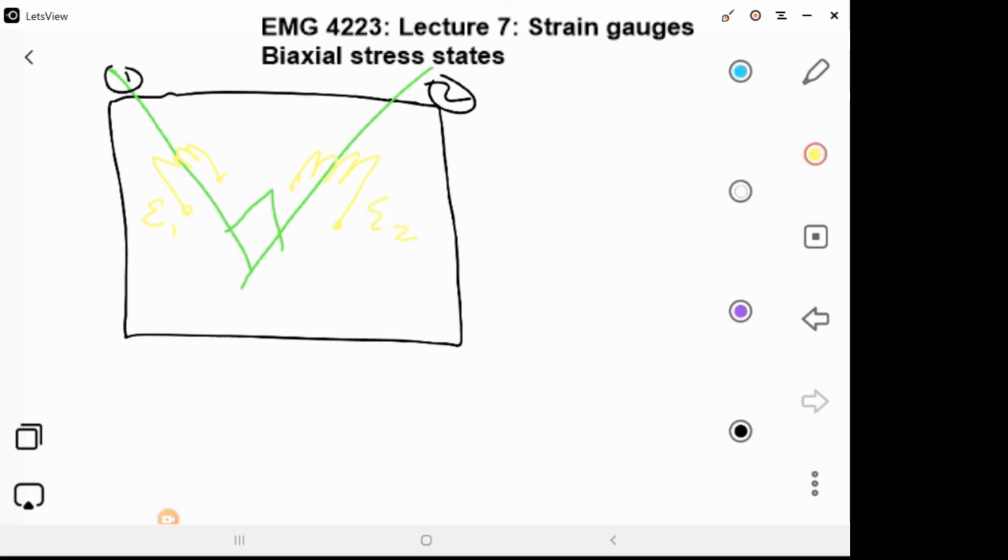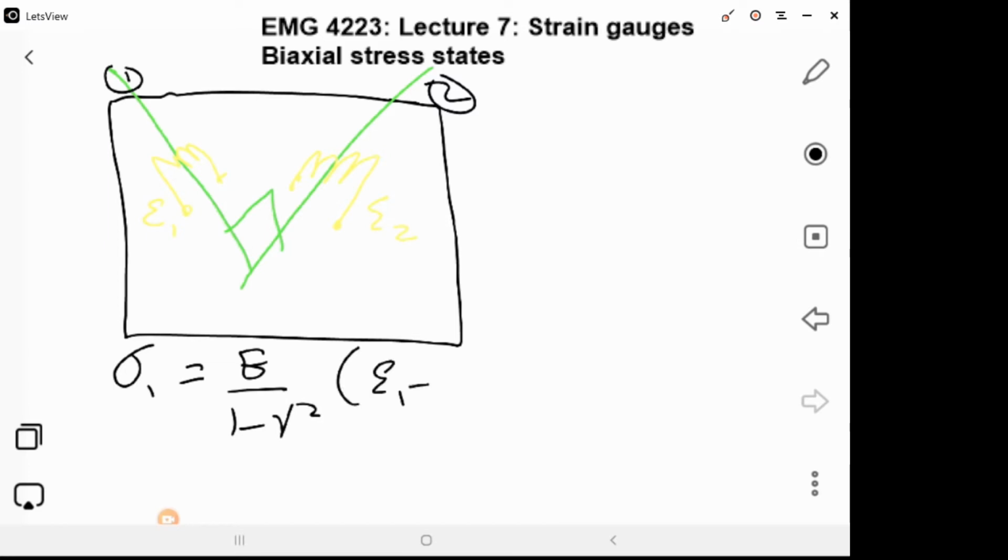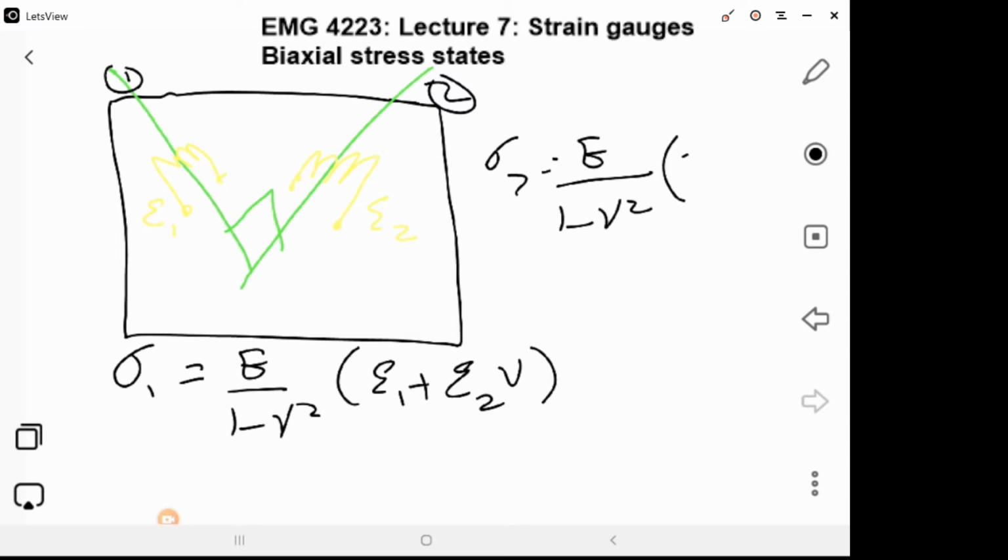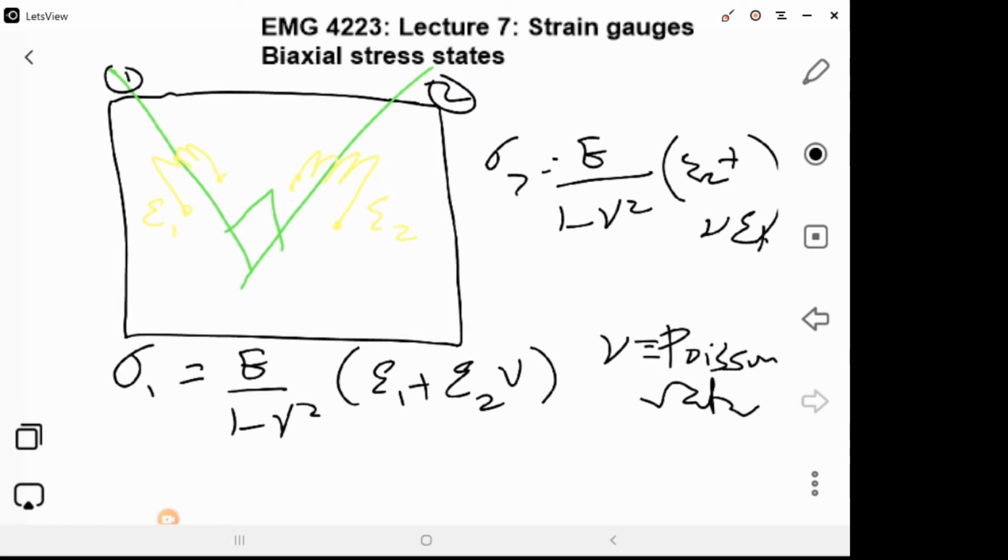In this case the principal stresses will be determined by this relationship, where this is the Poisson ratio, this is the Young's modulus, and these are the principal strains, which are directly determined by the strain gauges.